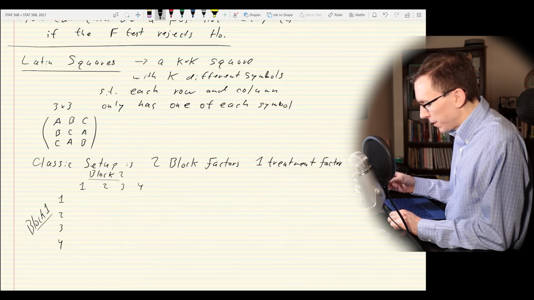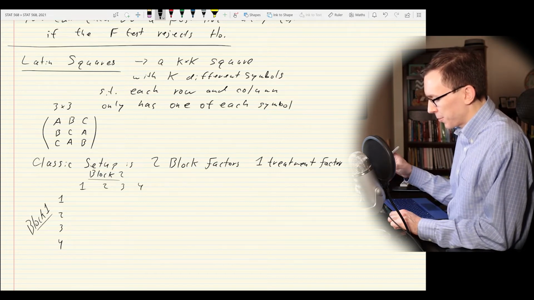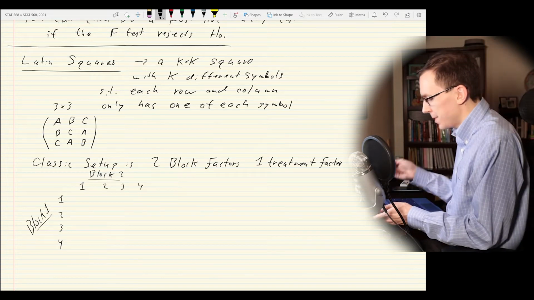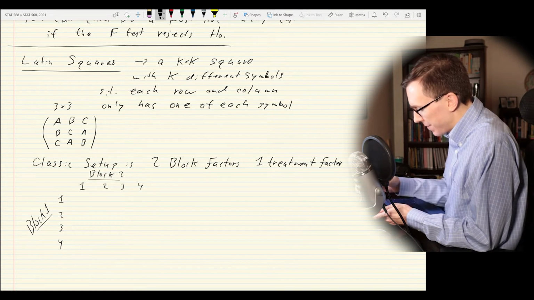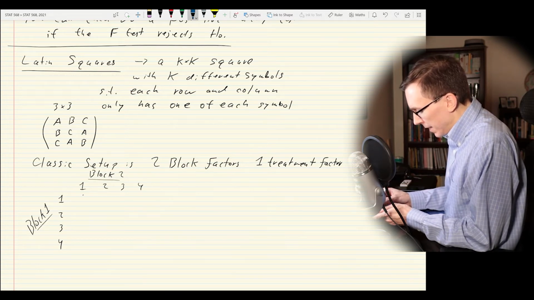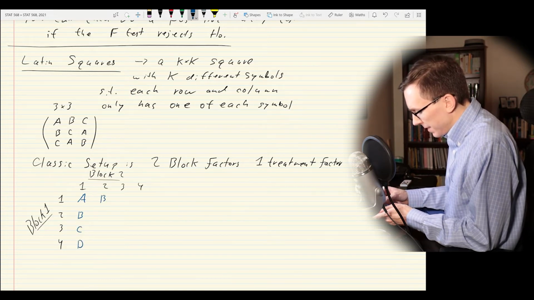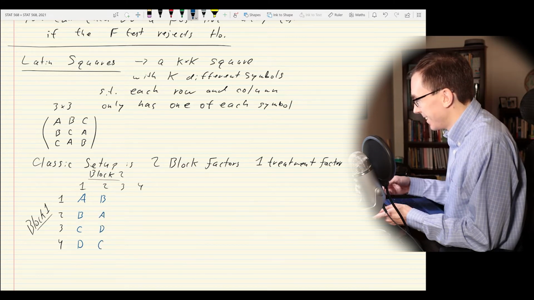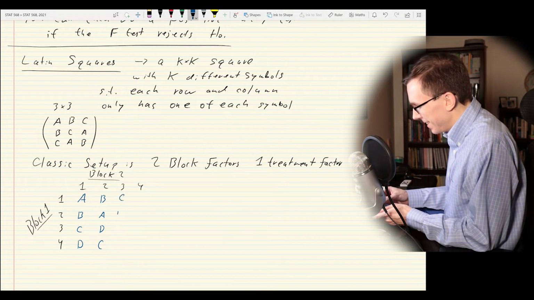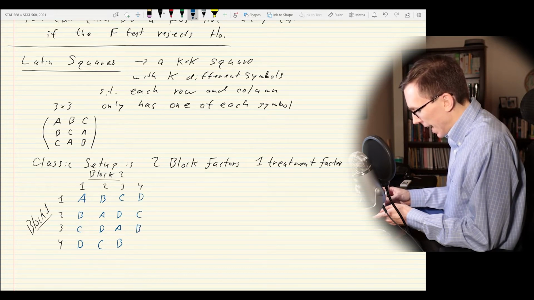So we have two different block factors, and then we're going to have a single treatment factor, which I'm going to denote by A through D. And in this case, we'll change the color. Let's say A, B, C, and D. Then B, A, D, and C. Then C, D, A, and B. And lastly, the alphabet backwards, D, C, B, and A.